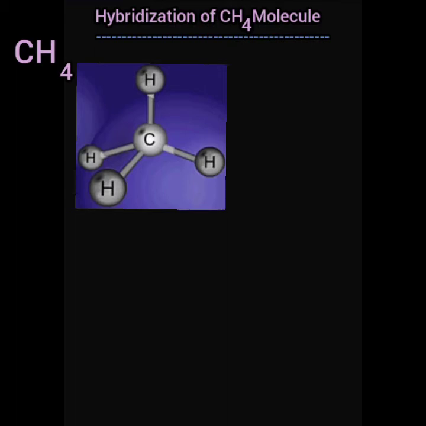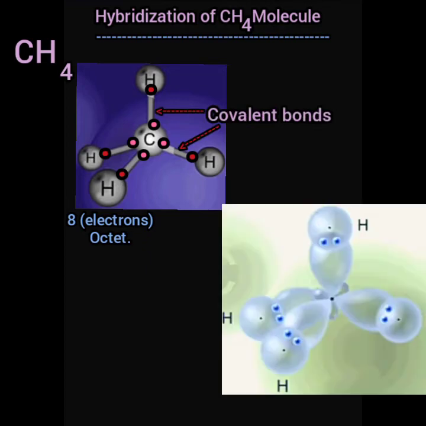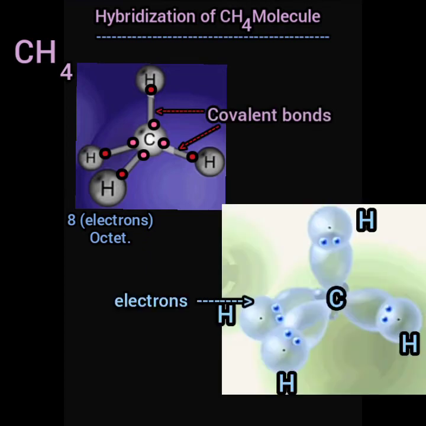Hybridization of methane. In general, CH4 is a combination of 1 carbon and 4 hydrogen atoms. However, to form this bond, the central atom, which includes 4 valence electrons, obtains more electrons from 4 hydrogen atoms to complete its octet. The formation of covalent bonds gets more precise when the electrons are shared between carbon and hydrogen.